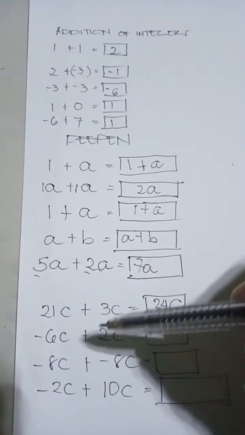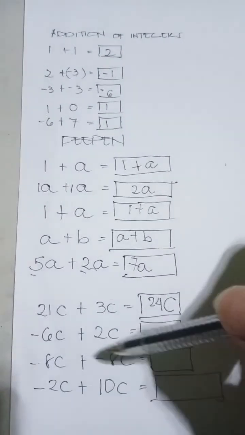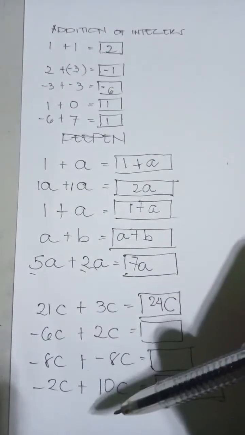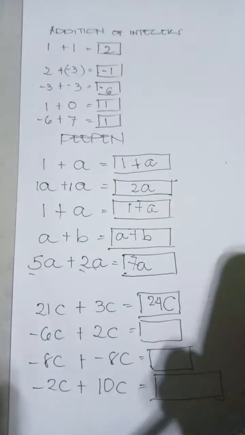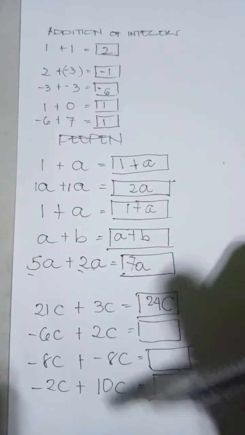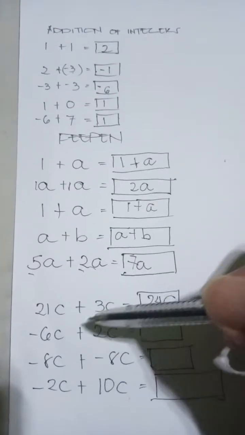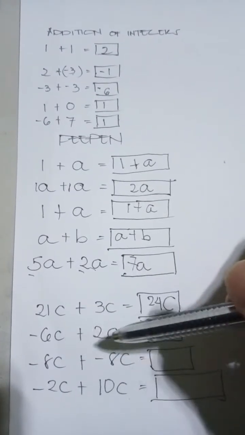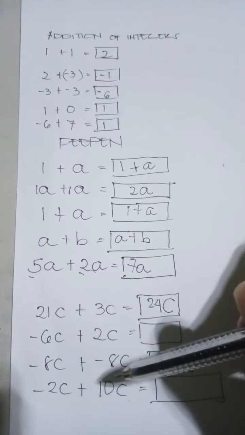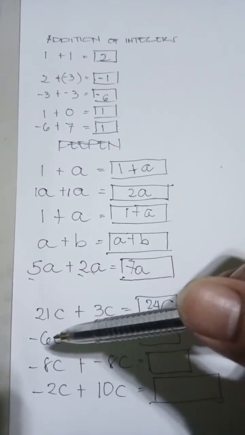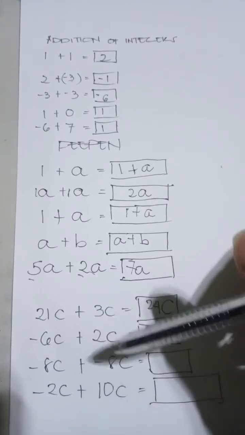Next, negative 6c plus 2c. As you can see, the negative sign in the 6 is visible, so you copy the sign. The variable c is the same, therefore you can add. Next, the sign of the numbers. The sign of 6 is negative, the sign of 2 is positive.